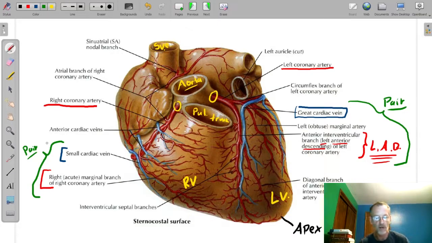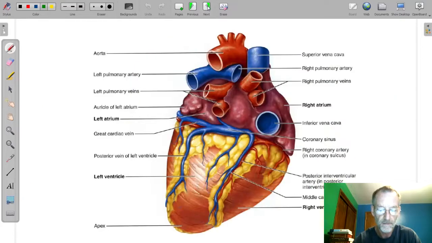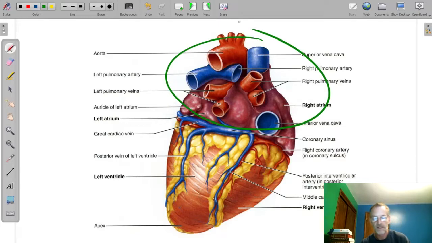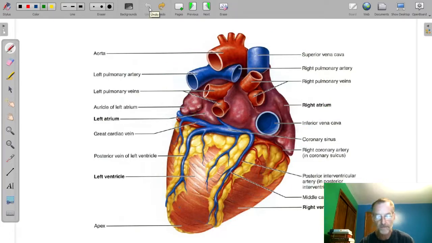If we flip the heart over on the posterior side, it's a little bit different. The arteries and veins up in this region are different. You have to get yourself oriented on what you're looking at. It's posterior side, so spend a little time working on that.